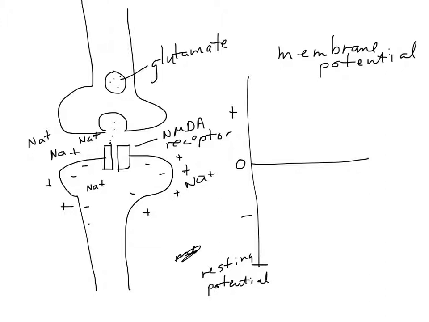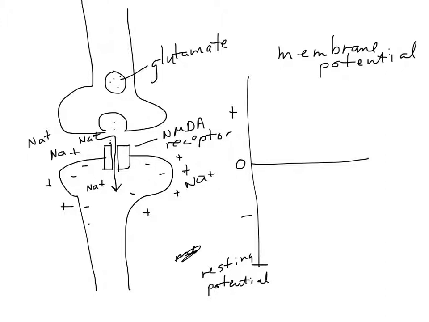And so the sodium ions flow in, and it's not because the positives are trying to get to the negatives, it's because there's more sodium on the outside than the inside, so you have diffusion from high concentration to low concentration. But as a result of the diffusion going in due to differing concentrations of ions, because they're positive, the membrane potential goes from the resting potential and becomes more positive.